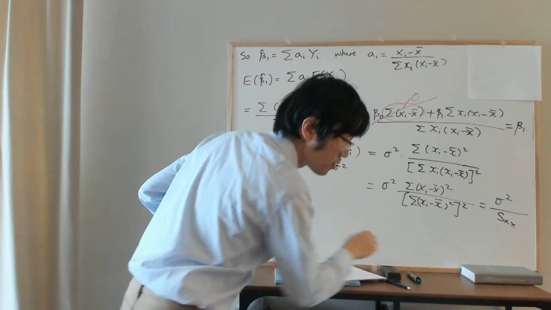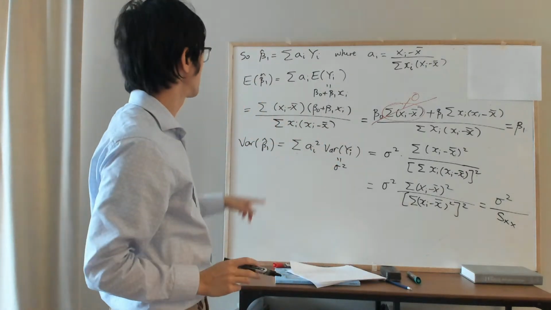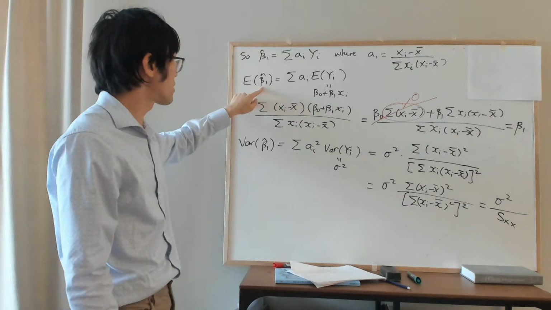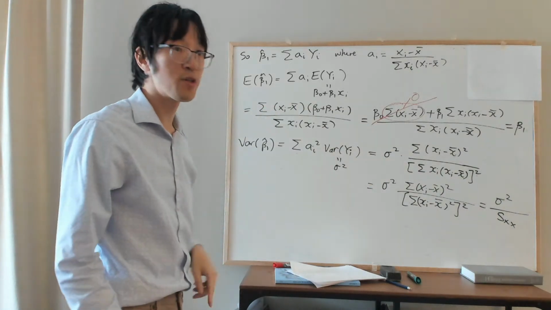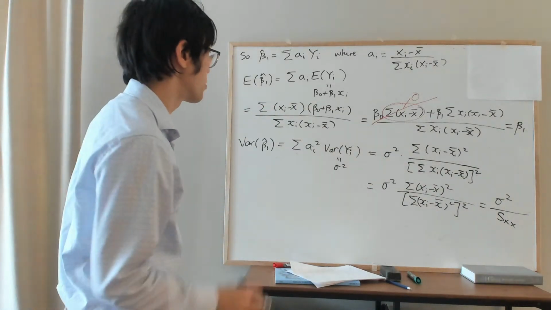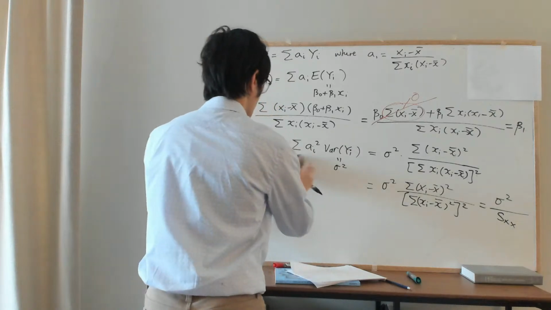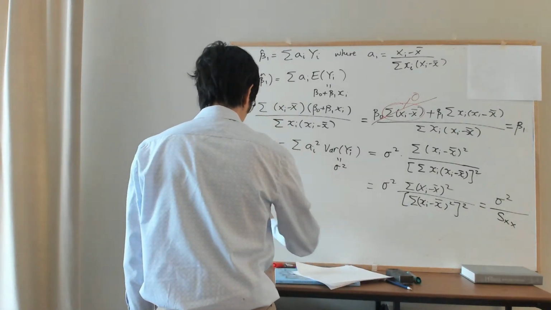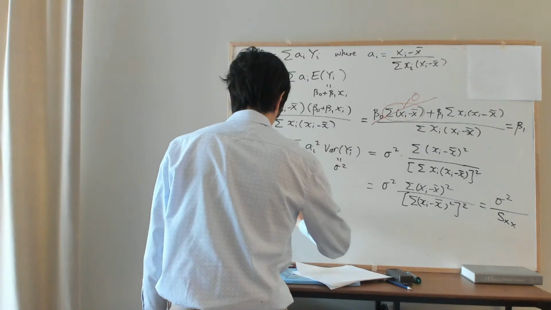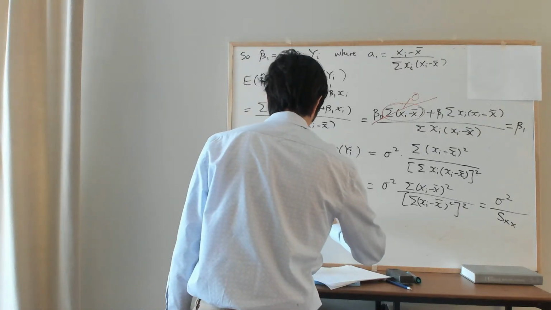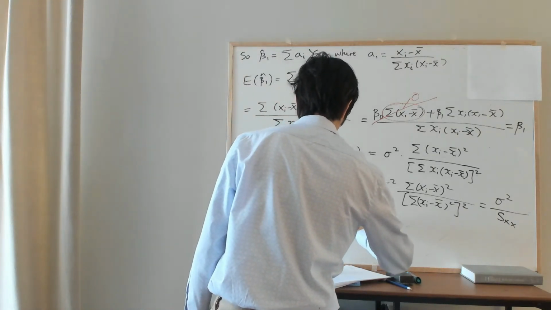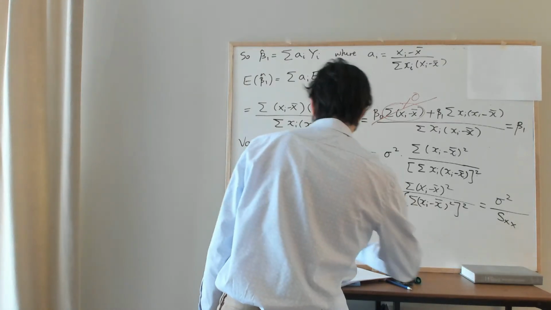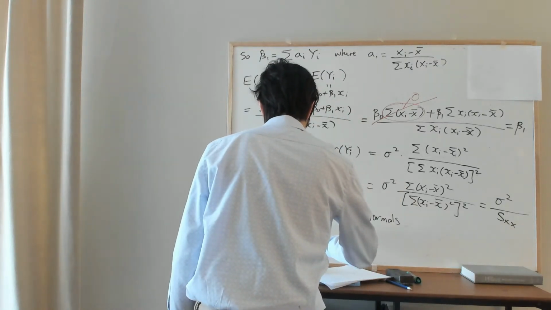Finally, we just need to apply the fact about the normals. Not only does beta 1 hat have this mean and variance, but it is normally distributed with that mean and variance, because it is a linear combination of normals. So to finish off, since beta 1 hat is a linear combination of normals, we can write down this distribution.